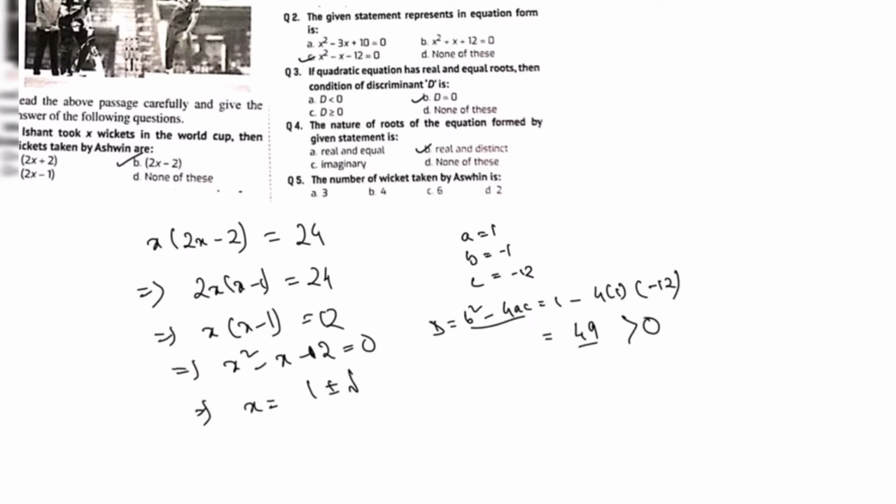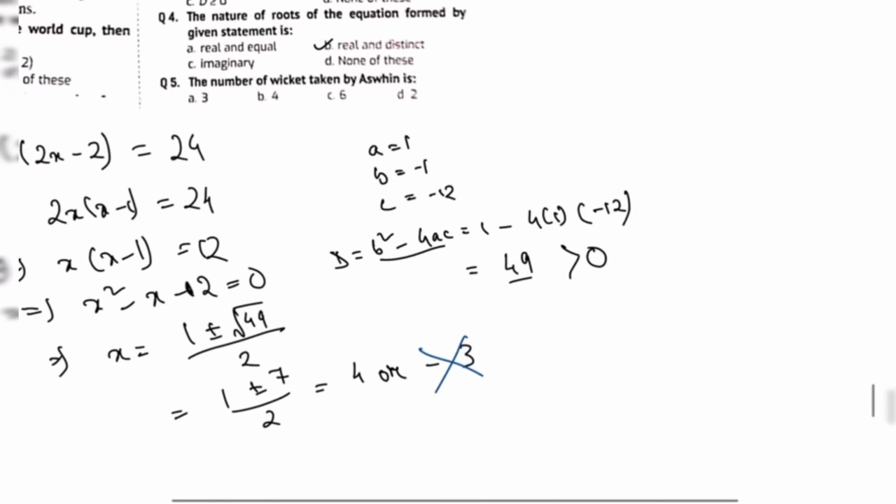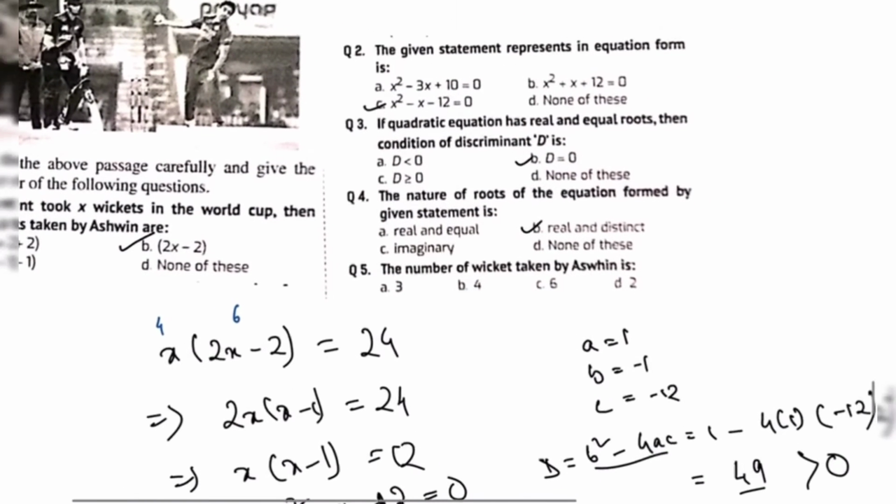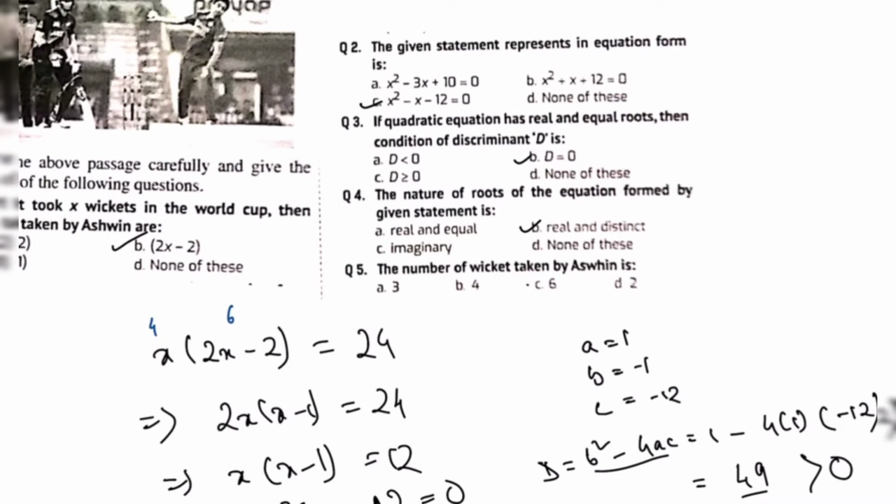This we already know to be 49, and divided by 2, that is 1 plus minus 7 divided by 2, that is either 4 or minus 3. So this one is impossible. Let's cancel, so it has to be 4. If x is 4, so now we know that this guy is actually 4, so this must be 6. So Ashwin took 6 wickets.